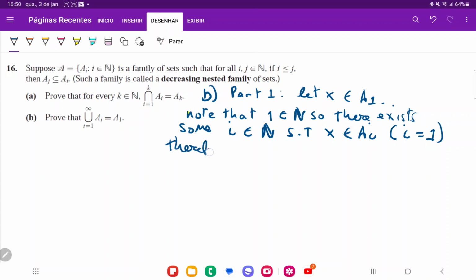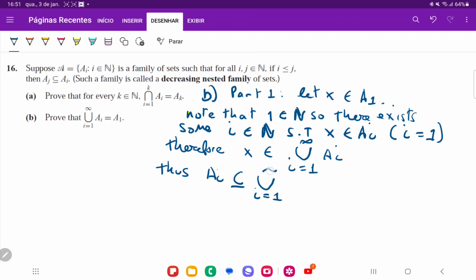Therefore, x belongs to the union from I equal to 1 all the way out to infinity of a sub I. So we took some element that was here, and we showed that that element must have been here as well. So it means that it is a subset. Thus, a sub 1 is a subset of the union from I equal to 1 all the way out to infinity of a sub I.